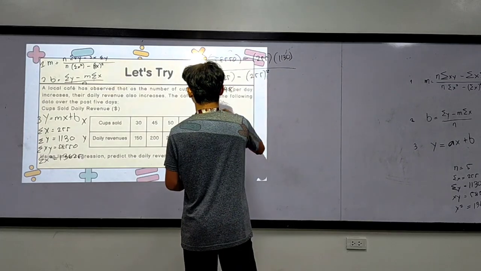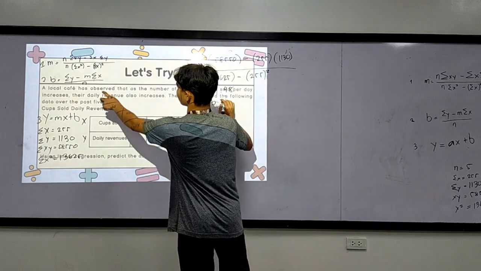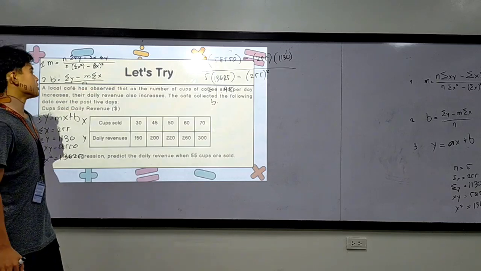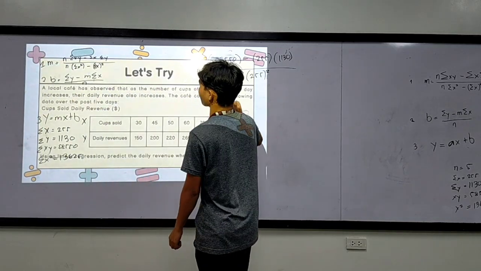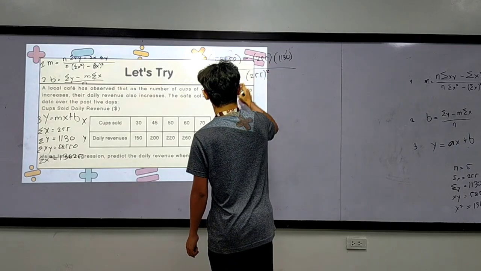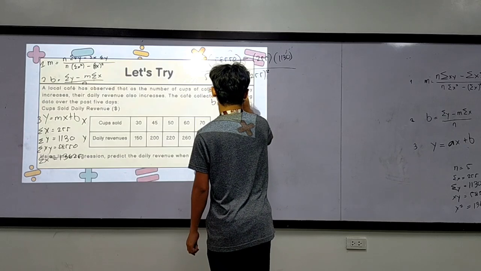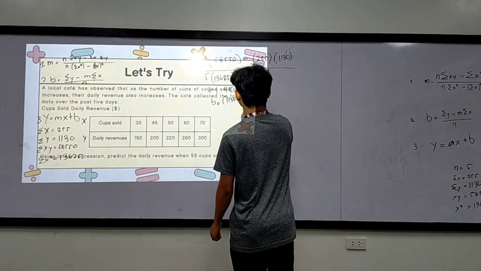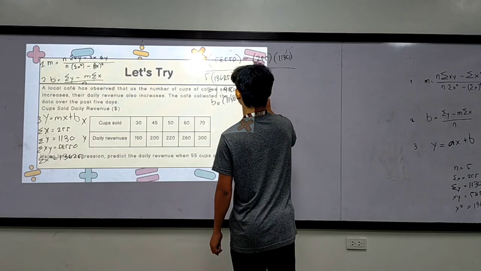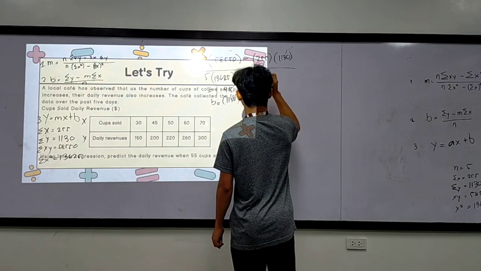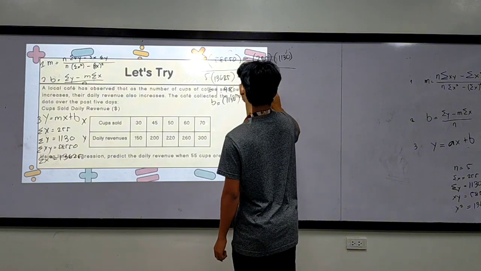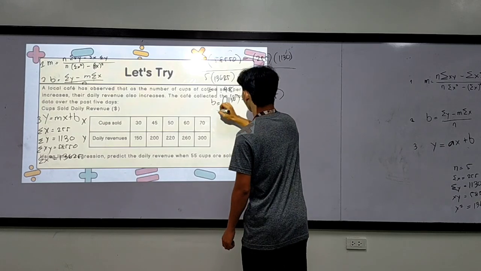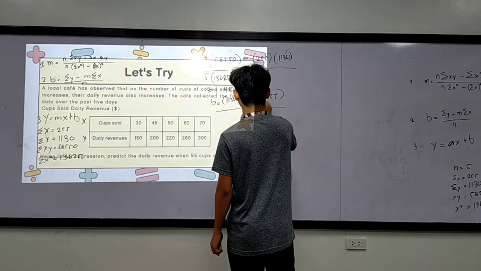The second formula we're going to use is b equals the sum of y minus m times the sum of x, over n. So b is equal to the sum of y, which is 1,130, minus m, which is 1.48, multiplied by the sum of x, which is 255, over n, so 5.